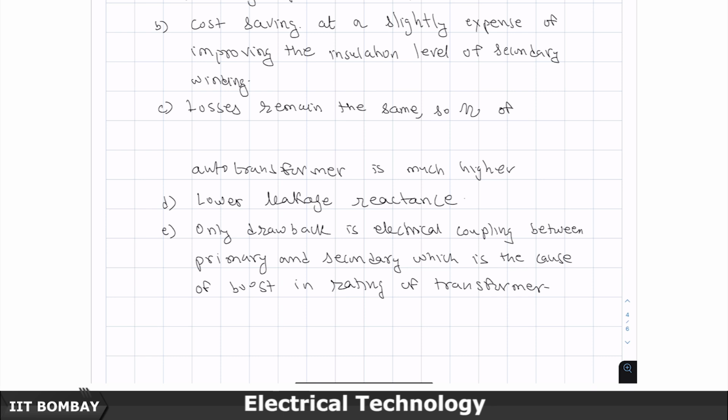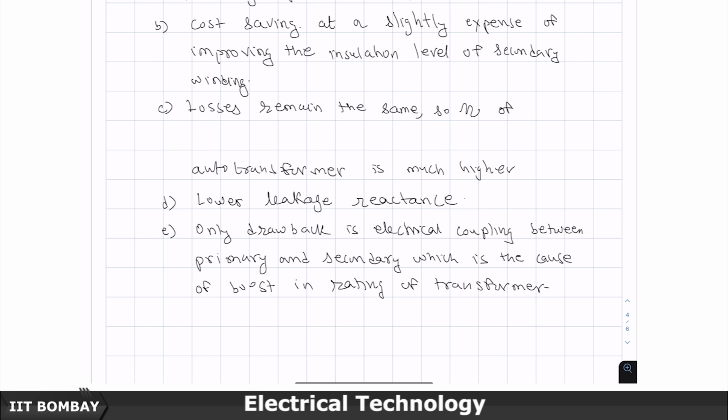But if there is an electrical coupling, then whether the magnetic coupling is weak or high, whether the core is saturated or not saturated, if I by mistake touch it, I am going to get a shock. So electrical coupling looks more dangerous than magnetic coupling. When the core saturates, the magnetic coupling comes down.